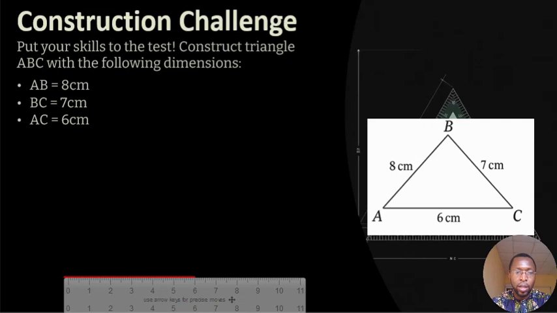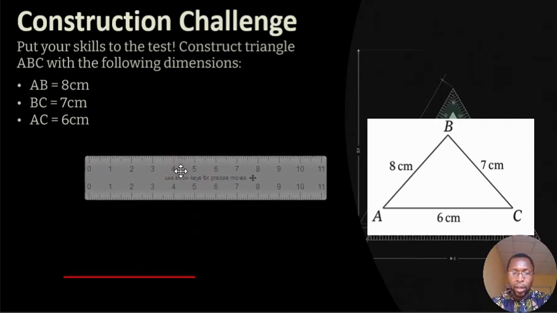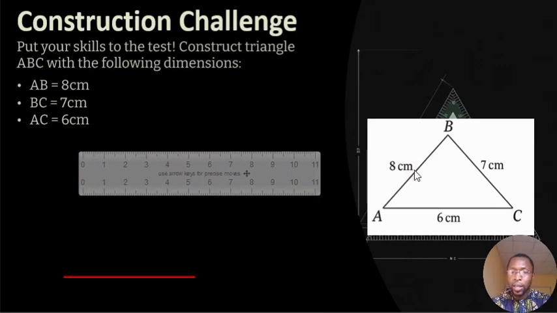Then I bring out my ruler again. Now the other side, AB, is 8 centimeters. So what I need to do now is to get my compass. This is my compass here. I measure 8 centimeters with my ruler using my compass.